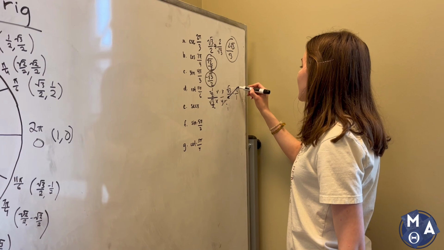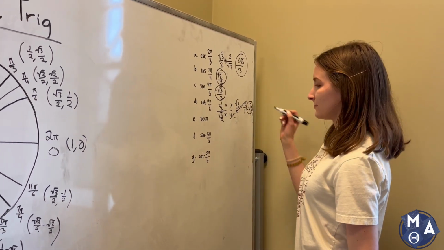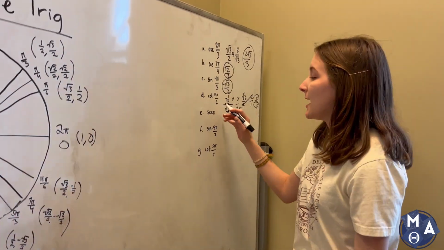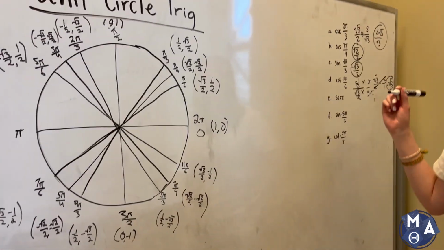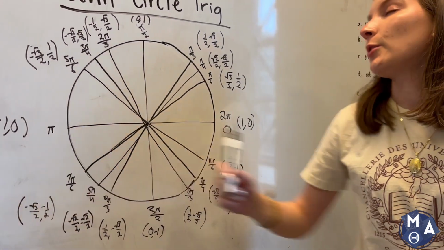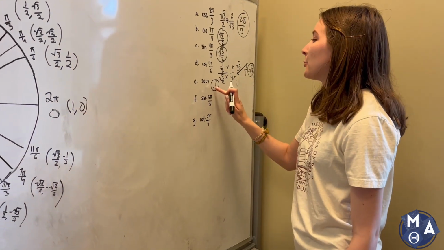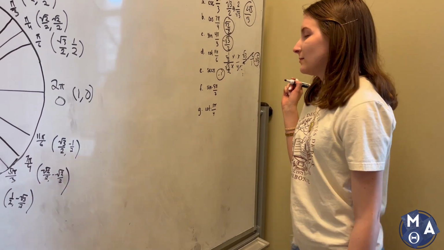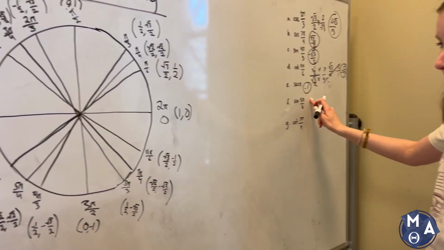So these are going to cancel out, and we're going to get negative root 3 as our answer. Secant of pi. What is the x value for our cosine? That's negative 1, but it's actually going to be the same for secant because our denominator would technically be 1, if that makes sense.